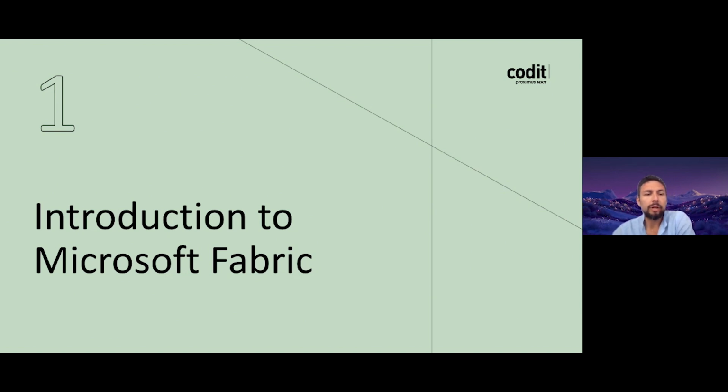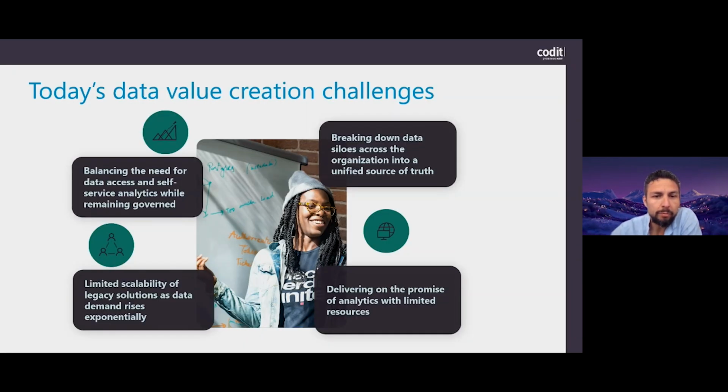But first, let's look at Microsoft Fabric as a product. If we look at the data landscape today, then we see that a lot of organizations are struggling to get their data projects up and running, mostly because the data is a little bit everywhere. To set up a data platform at the moment, you really need a lot of data services and analytic services to be able to manage and process all of your data.